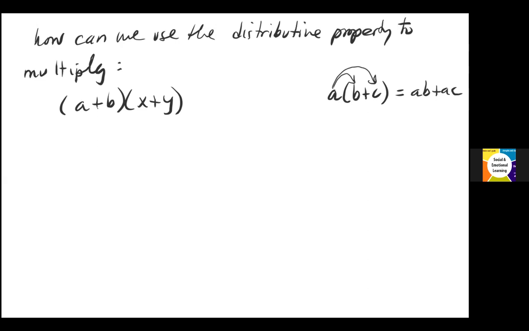I'll give you a hint. Because this is a multiplication, this is still multiplying this times this. Can we use the distributive property and just say instead of A, we have A plus B? Can we distribute this whole bracket into there? Would that work?